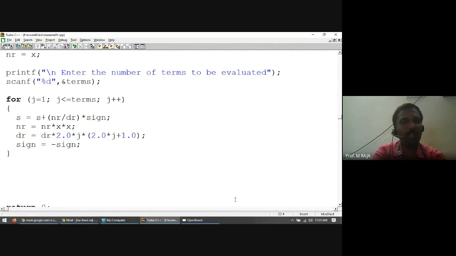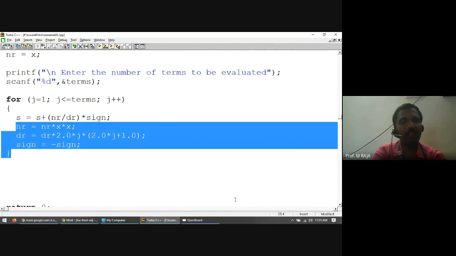Then this numerator, denominator and the sign are for the update of the next value of j. Since terms is 2, 2 less than or equal to 2, that's all. Then j plus plus, 3 less than or equal to 2, for example, condition false, control comes out of the loop. So suppose terms is equal to 2, 2 terms are evaluated.